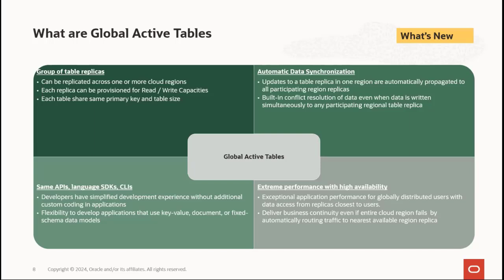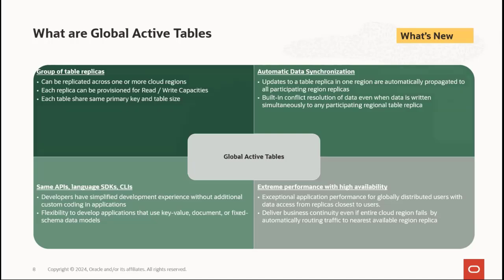So what does this give you? This gives you a high performance across all the regions. The delay that you would pick up is basically the asynchronous delay, which is basically moving the data from one region to another region. But the beauty here is that you can have your application running in multiple regions, and they can be accessing the data locally.